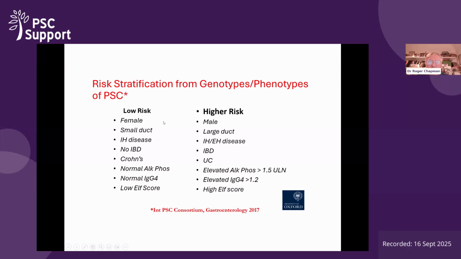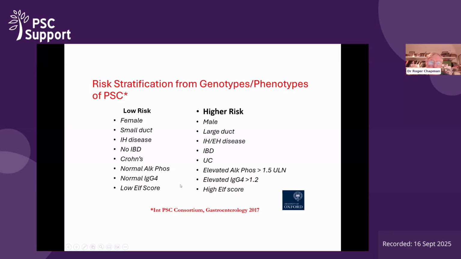Females do have a lower risk of going on to progressive liver disease and requiring transplantation, and males, small duct, as mentioned, do better. Intrahepatic disease, they do better. No IBD do better than IBD, and Crohn's do better than UC, as I showed you.